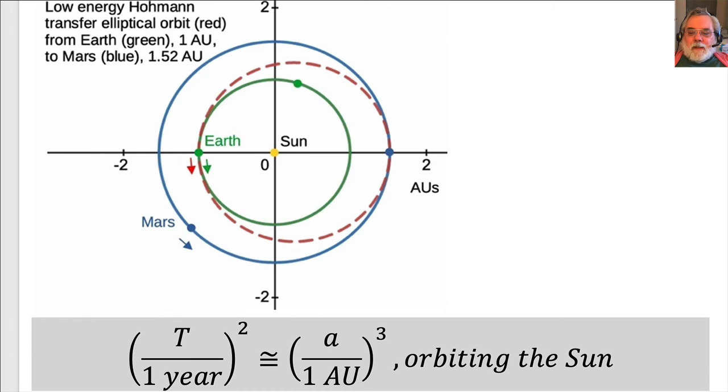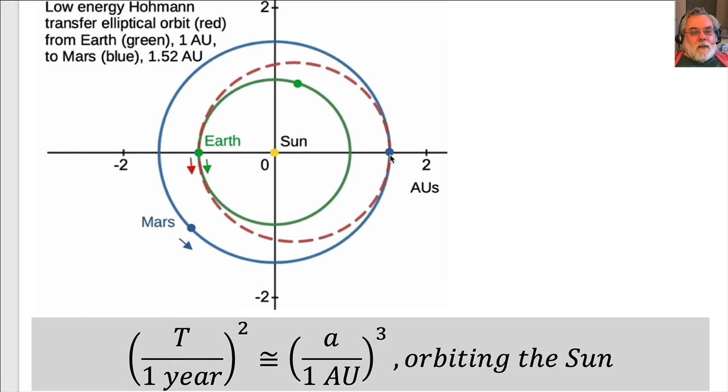But will Mars be where the spacecraft needs it to be to enter orbit of Mars? For the Hohmann transfer orbit from Earth to Mars, the launch window occurs every 26 months. We must plan in advance carefully.